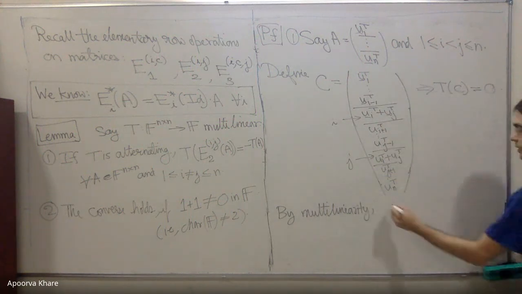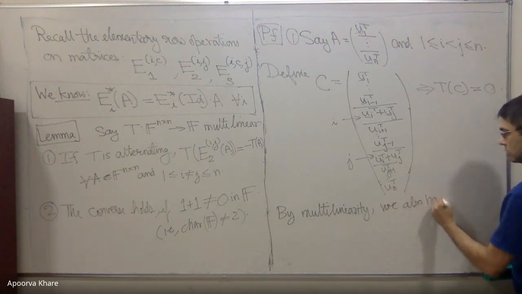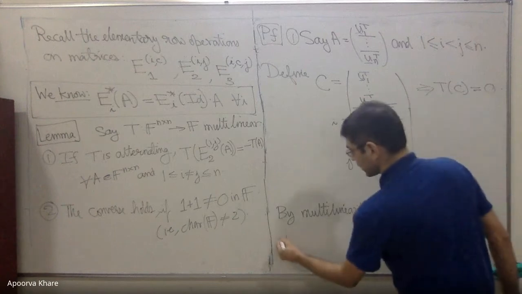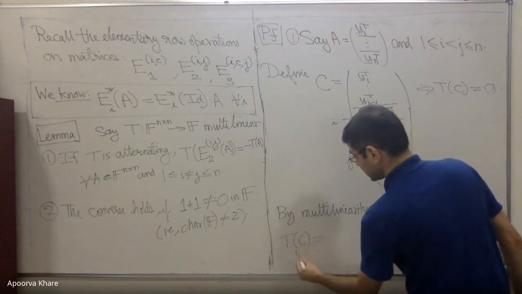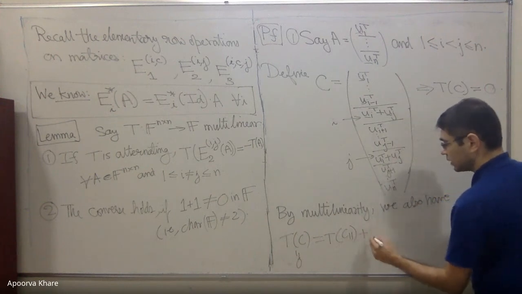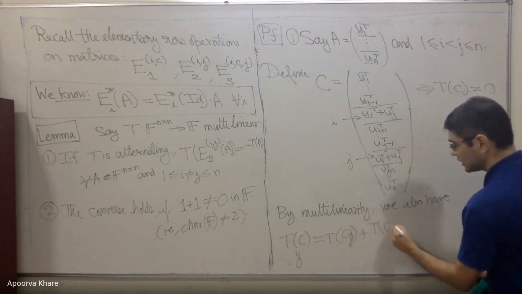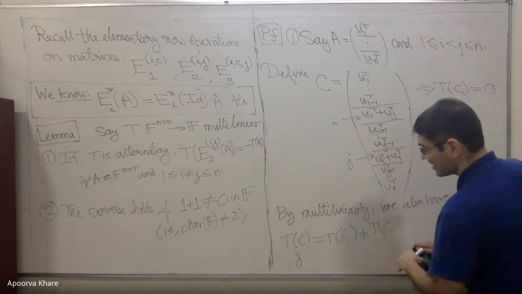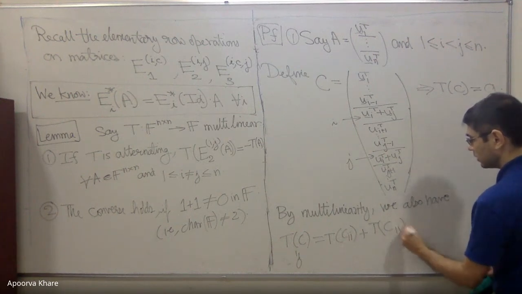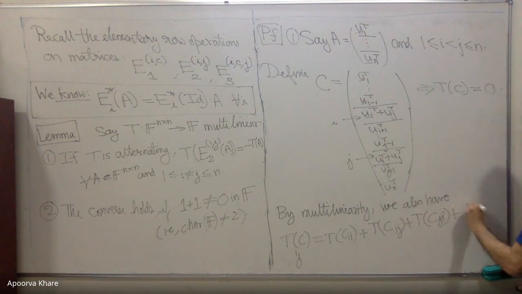we also have T of C, which was 0 of course, equals T of C11, actually we should start with Cii, plus T of Cij plus T of Cji plus T of Cjj.